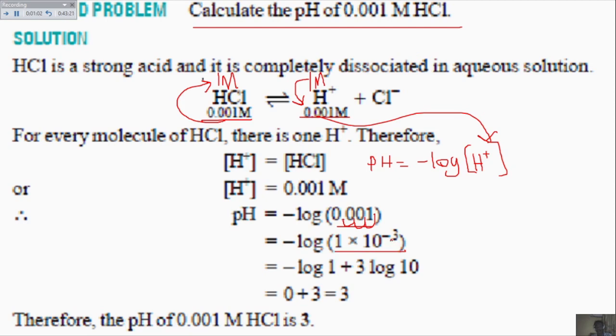Then, as I've told you, just take the exponent to the front. Take the 3 first, then say minus log 1. If you do that, you are going to get 3 minus 0, and that will give you 3.